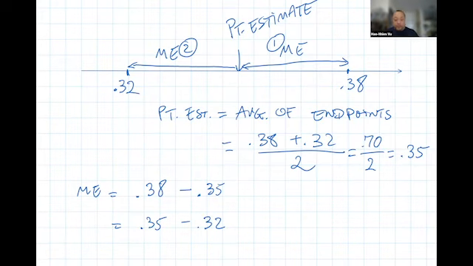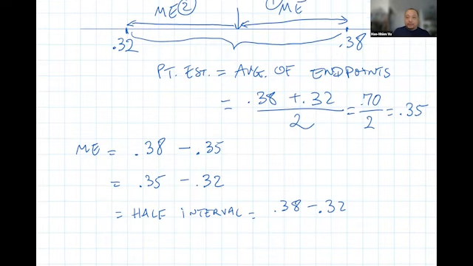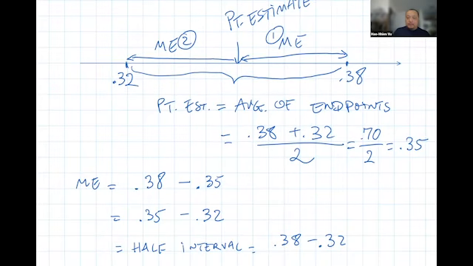And then the third way of doing it is you notice that the whole difference, the entire interval, consists of two margins of error. There's a margin of error on the left, and there's a margin of error on the right. So each margin of error is half of the interval. So it's 0.38 minus 0.32, that's the whole interval.